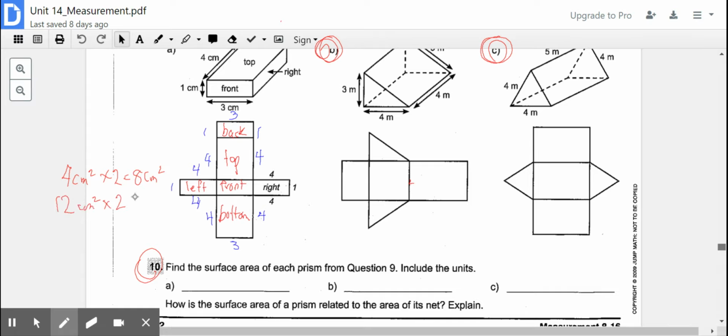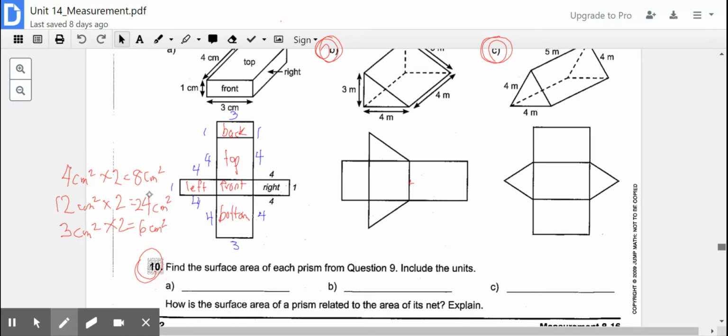And there's a top and a bottom, so it's 24 centimeters squared. And front and back, they are 3 centimeters squared. That's 1 by 3. And there's a front and a back. So there's 6 centimeters squared there.